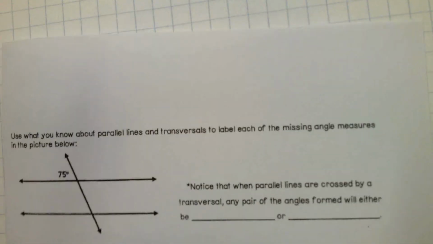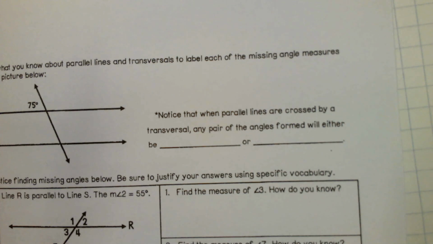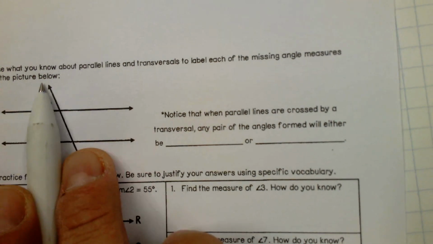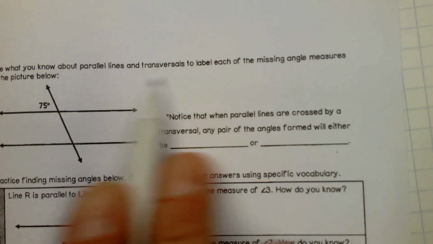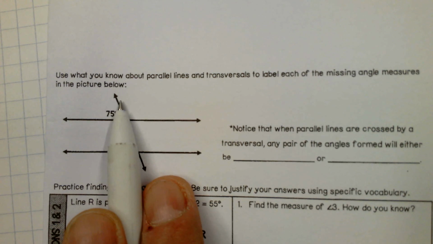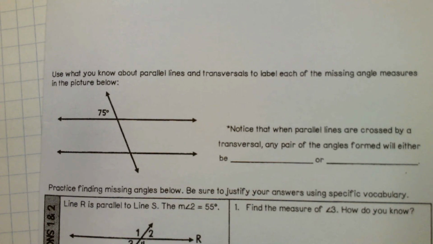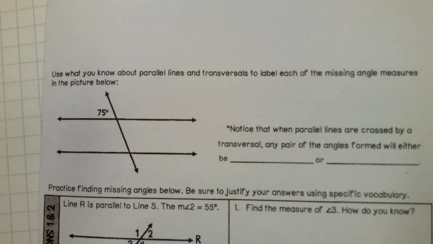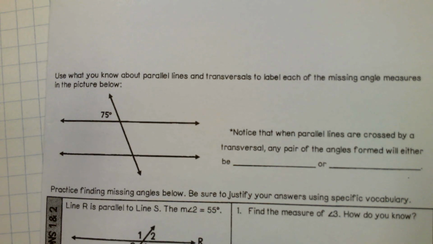Okay. All righty. So first thing's actually going to be pretty easy, I think. It says, use what you know about parallel lines and transversals to label each of the missing angle measurements in the picture below. So we have this acute angle that's 75 and all 7 of these other angles that we don't know. But now, based on everything we've learned, we can find all of these other angle measurements because it's one of two measurements.